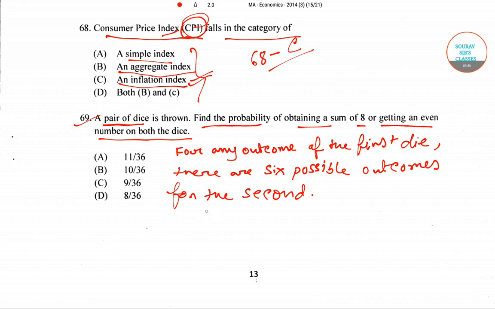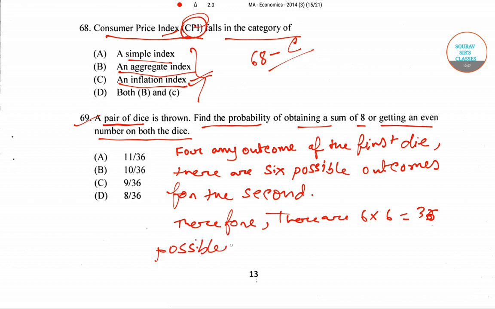Now therefore there are 6 into 6, 36 possible outcomes. So there are 36 possible outcomes.